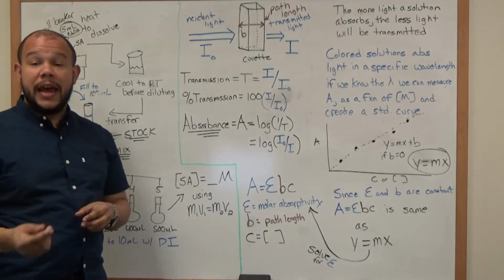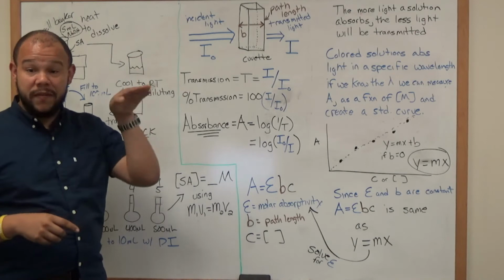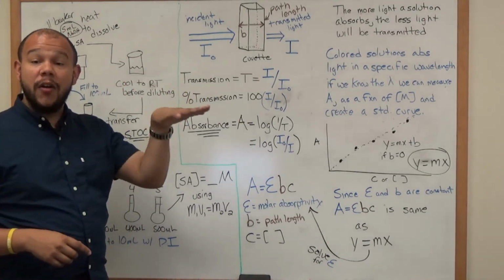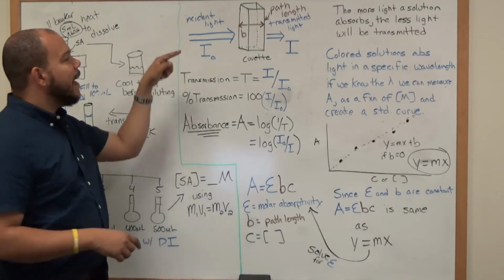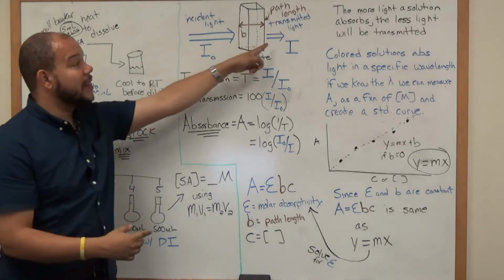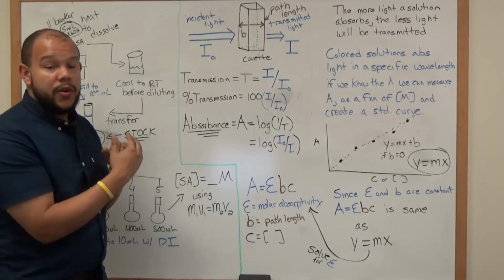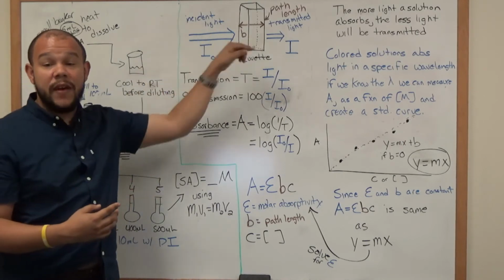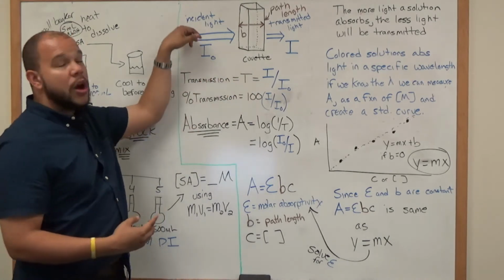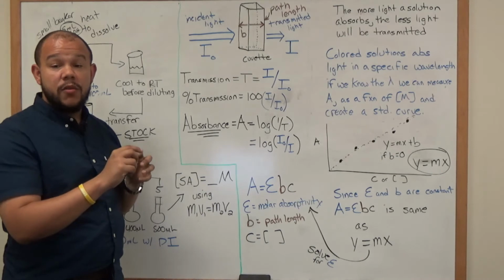If we were to put a liquid inside of that cuvette, and shine a beam of light of a given wavelength at that cuvette and then measure how much light was coming out of that cuvette, then we need to talk about some vocabulary terms. The light that is going into the cuvette, through the solution, is what we're going to call the incident light, and it is usually labeled as I sub 0, or I naught.